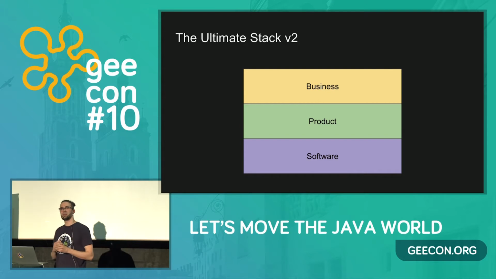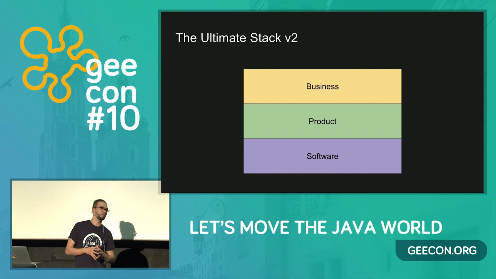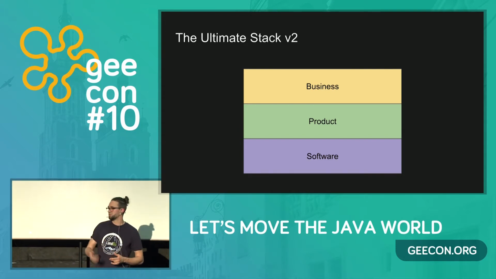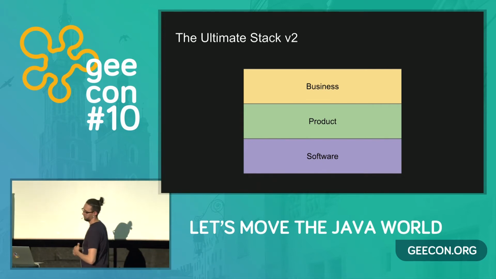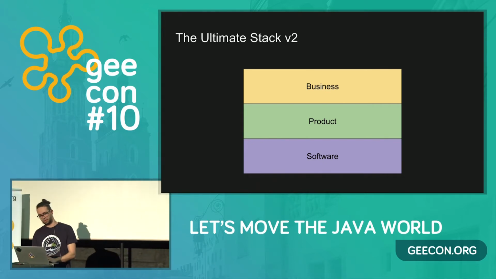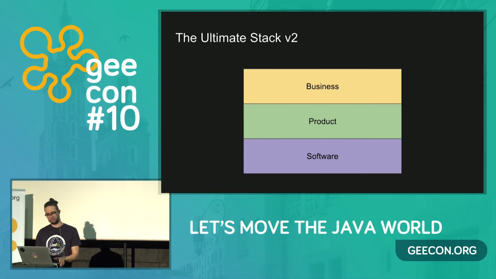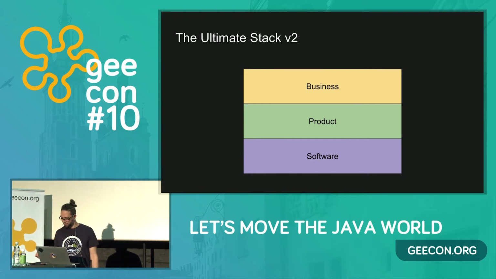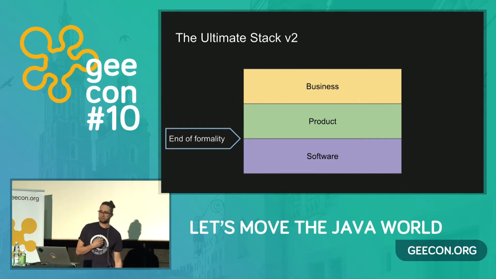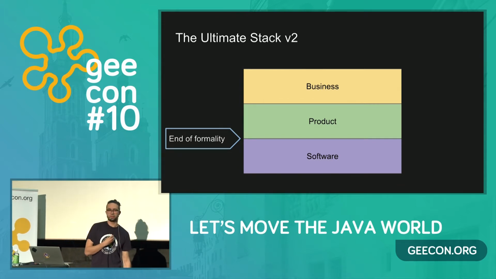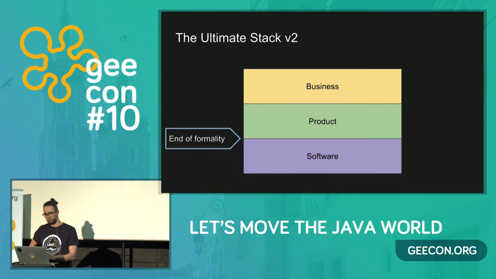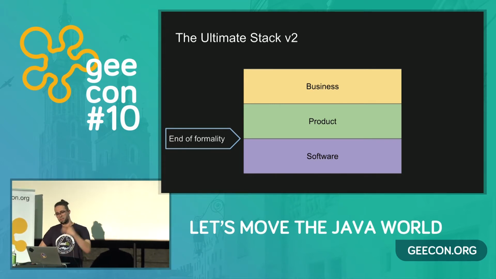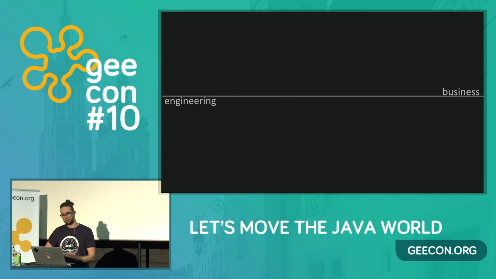Product can come up with models that are semi-formal, specifications, user stories, UML diagrams, and so on, that help a bit, but fundamentally we are still dealing with this boundary. It doesn't help. The formality ends here. We still would not be able to prove that something above software actually works.